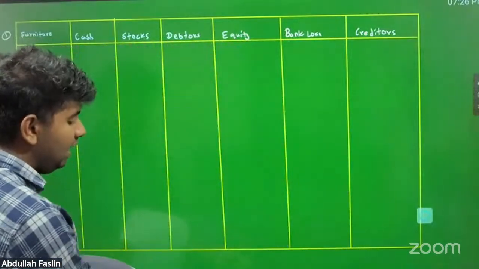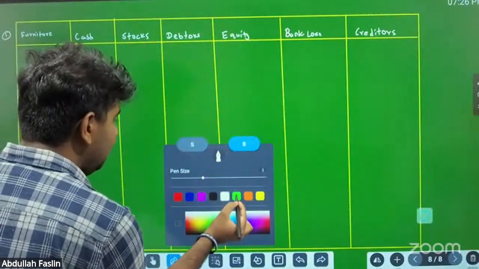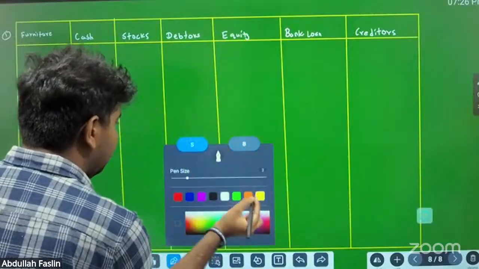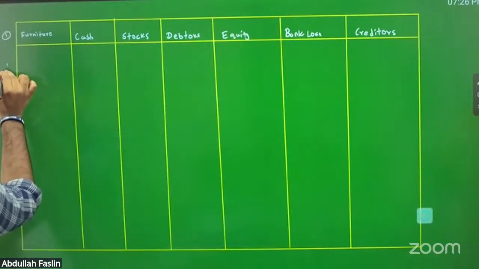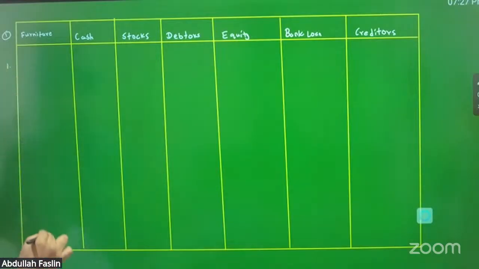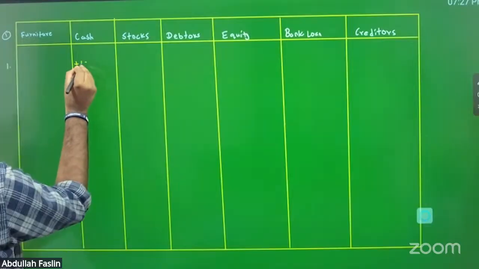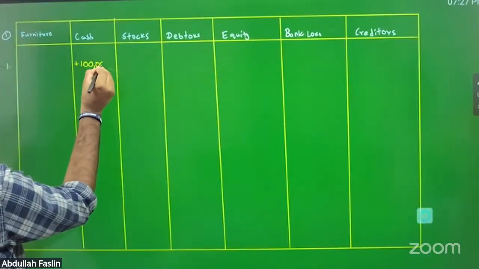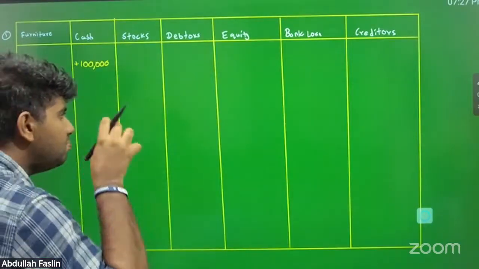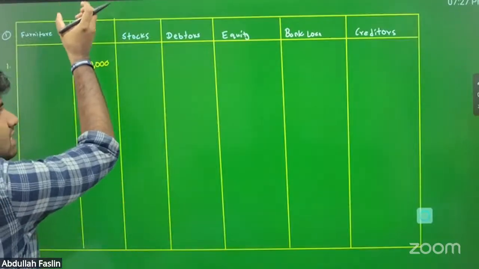Now, Lamai, 100,000 invested into capital means what? Number one transaction, 100,000 capital. Cash will increase by 100,000 because capital means you are putting money in. Therefore, cash increases.